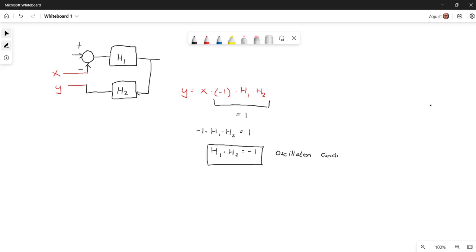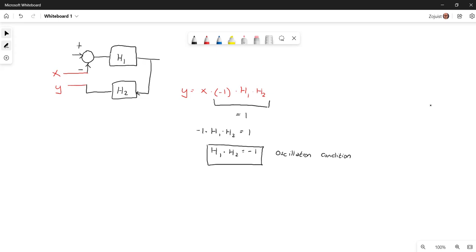Again, when signals have a frequency which meets the requirement that at that frequency H1, which is a transfer function in the frequency domain, times H2, which is also a transfer function in the frequency domain, is equal to -1, then the signal with that frequency keeps on oscillating in that feedback loop.